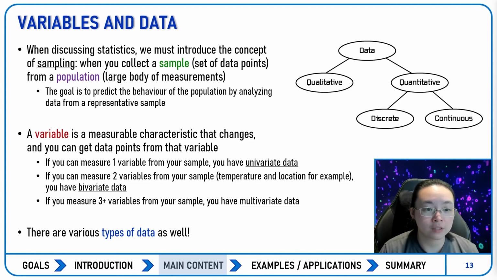Now, it's very important to know that there are different types of data as well, which will help us determine whether we can present things graphically, numerically, or in alternative methods. Starting off with data points, over here, we have qualitative and quantitative data. So if you have qualitative data, it means that usually you have categories of data.